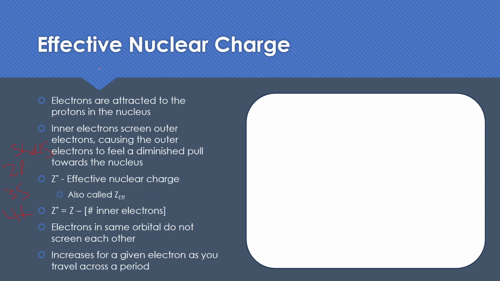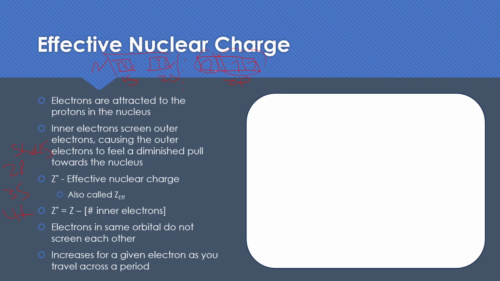So let's look back at nitrogen. Nitrogen: 1s, 2s, 2p, 1, 2, 3. Oops, I should have written these first. This electron is being blocked by these 4 electrons.